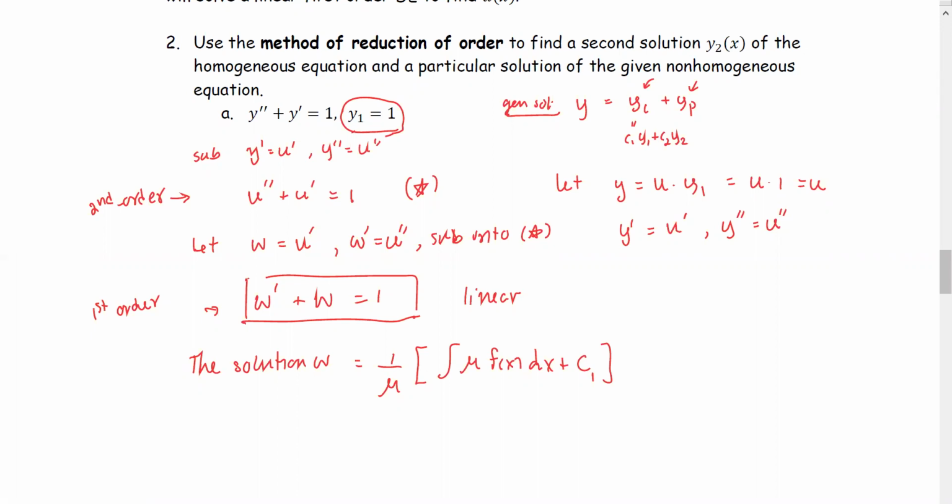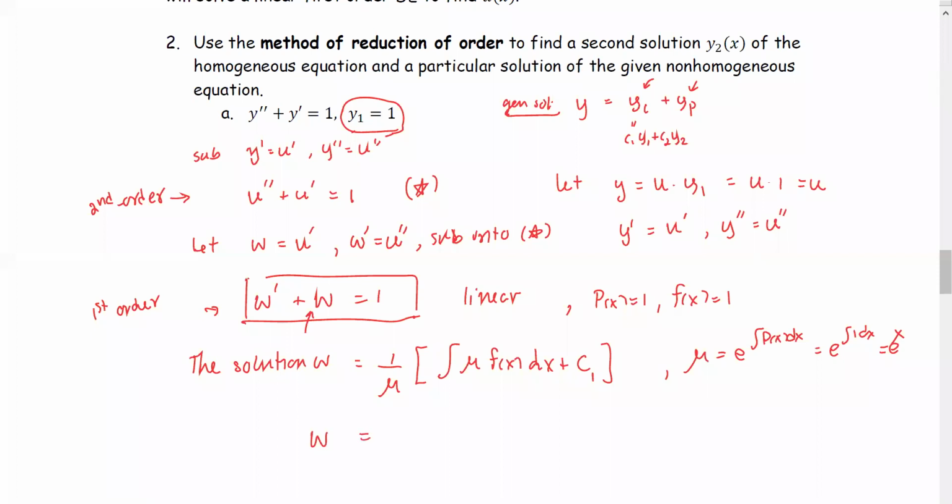So for this linear equation, p of x equals 1, and f of x equals 1. The mu, or the integrating factor, is e to the integral of p dx, which is e to the integral of 1 dx, or e to the x.